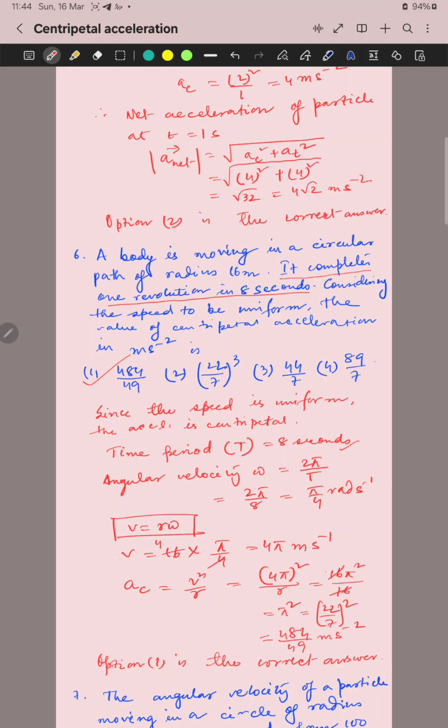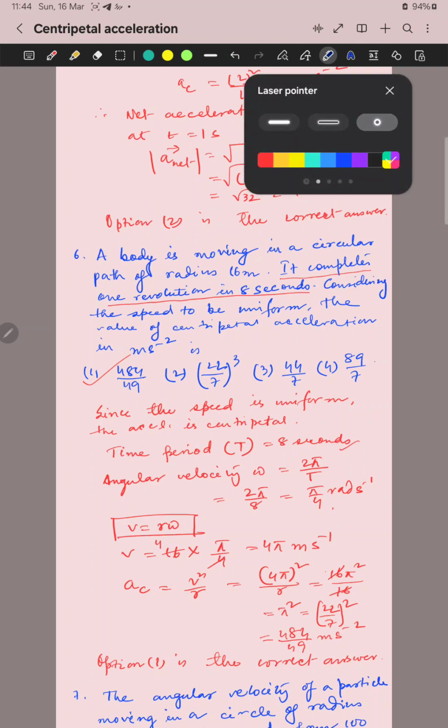Now angular velocity omega is equal to 2 pi by the time period. So putting the value of time period, we get the value of omega to be 5 pi by 4 radian per second. Then as R and omega are known to us, we can easily find out the value of the speed.